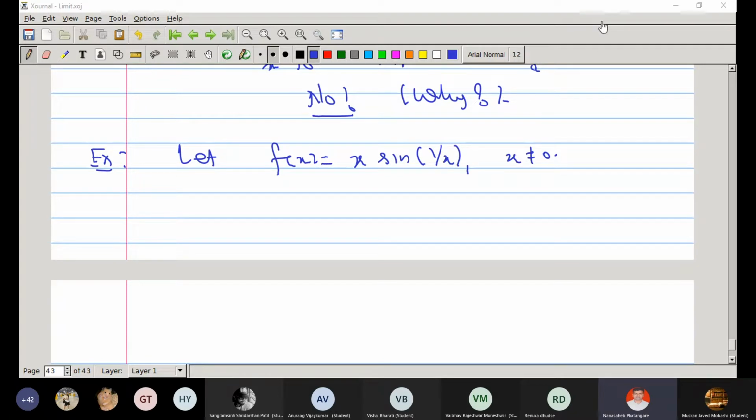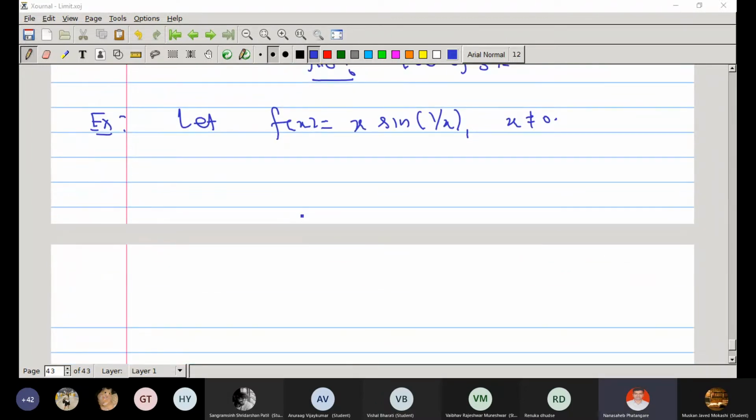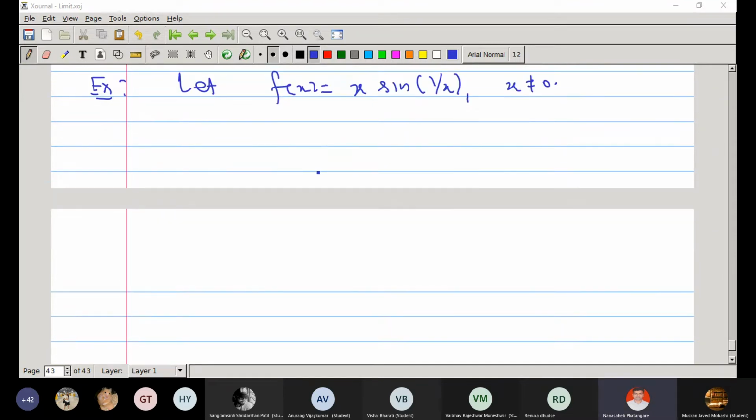Then I will see what to do with them. So don't be irresponsible students. If you have any doubt, you can ask me, but such nonsense cannot be tolerated. I have a record of each and every activity.